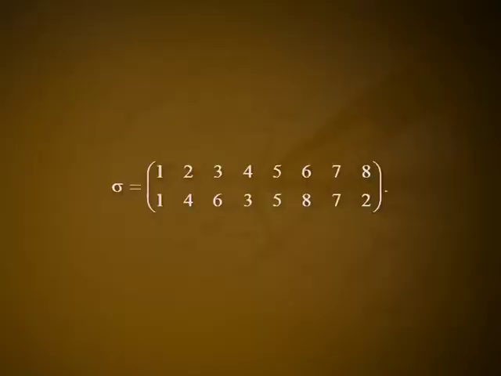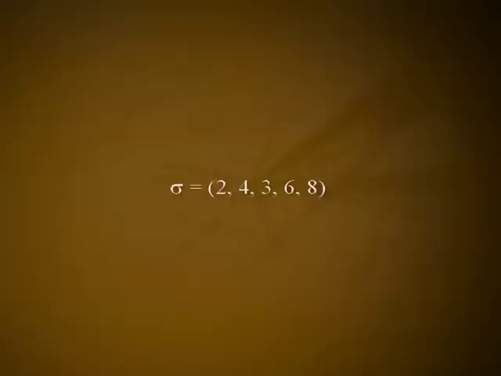Then σ is equal to the permutation 1 to 1, 2 to 4, 3 to 6, 4 to 3, 5 to 5, 6 to 8, 7 to 7, 8 to 2. This permutation σ is a cycle of length 5, and we introduce a new, more compact notation: σ is equal to the cycle (2, 4, 3, 6, 8).